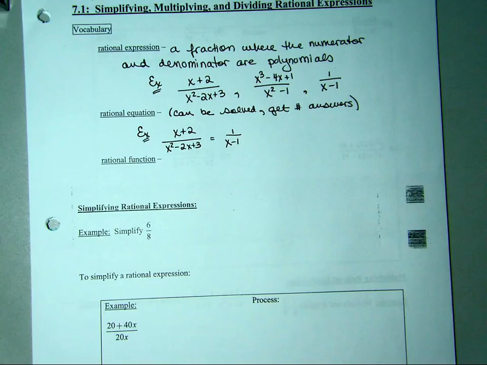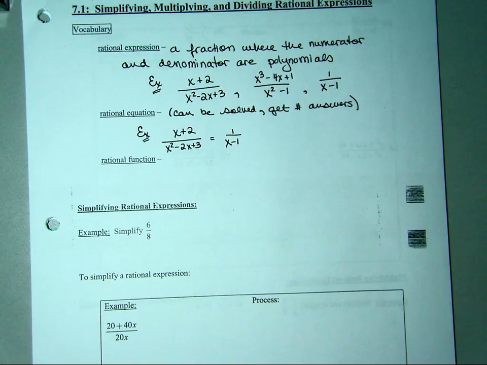So what's the third thing? What can we do with functions? Things that we can graph. Rational functions can be graphed. So what must they have, like in the formula? Y equals, or what's the other option? F of x equals.